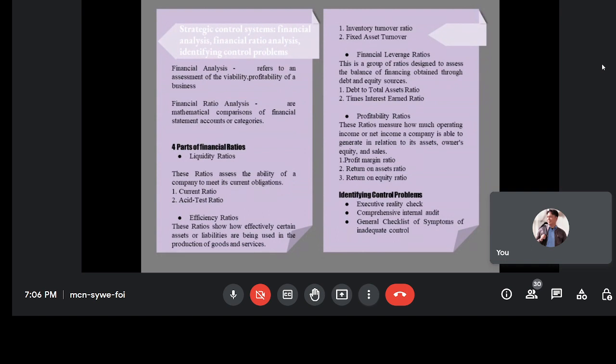So, we also need to have a general checklist of symptoms of inadequate control. What are the symptoms of inadequate control? First is unexplained decline in revenues and profits. Second, a degradation of service or customer complaints. Third is employees' dissatisfaction such as complaints, grievances, and turnovers.